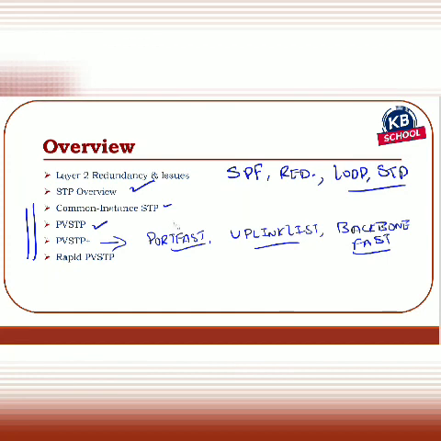IEEE came back and said, let's standardize it. They liked what Cisco had done. Rapid PVST came about, which was PVSTP plus with some additional internal enhancements, and that's what you have right now. As I said, there's another STP that's out there, which is multi-instance STP. We'll take a look at that in the CCNP switch class.